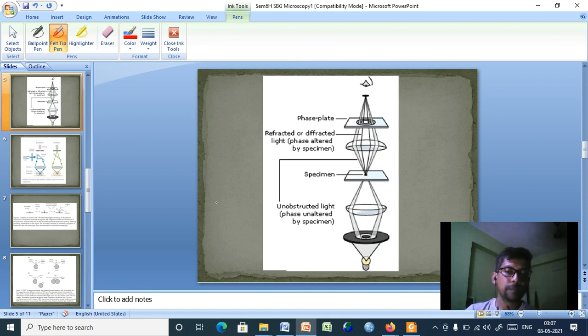And please consider that this phase contrast microscopy and the other types, like video enabled phase contrast microscopy, are very much suitable to observe and study live cells.